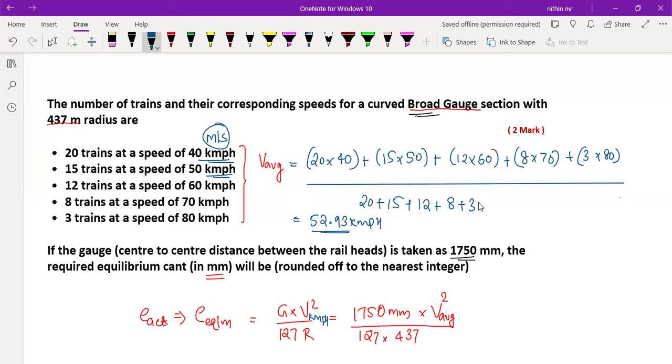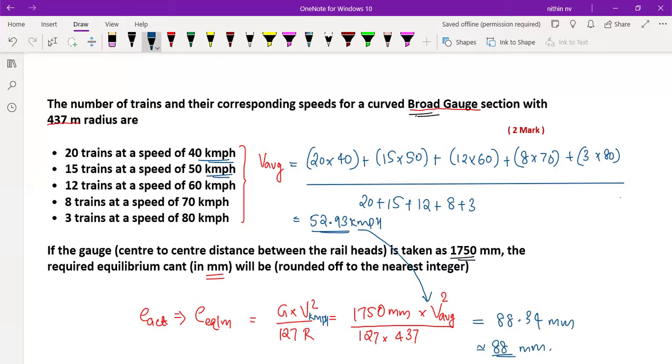So we need to convert that to kilometers per hour before substituting into this given equation. Okay. So here, once I'm taking this value 52.93 in this equation, finally we are going to get 88.34 mm. Okay, they are asking us to round off to integer, so approximately we can round off to 88 millimeter. Okay, so that's going to be our final answer, 88 millimeter.